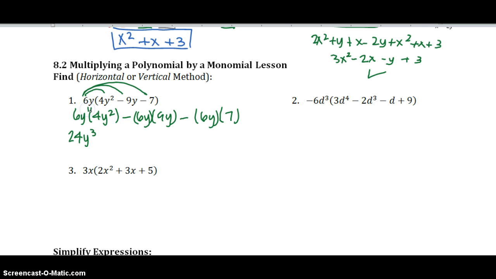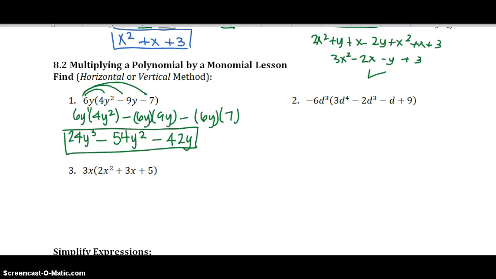That's an understood 1, so it's 24y to the third minus 6 times 9, which is 54, and then y times y is y squared, minus 6y times 7, which gives us 42y. And that would be the result of the product of that monomial times that trinomial, because there were 3 terms in parentheses.